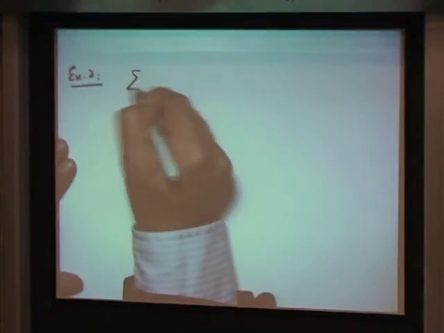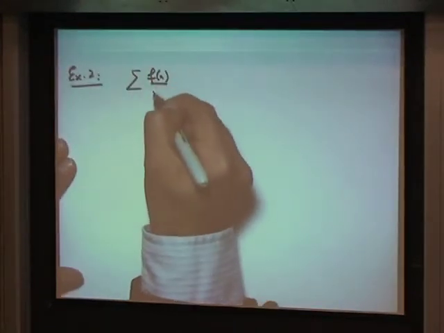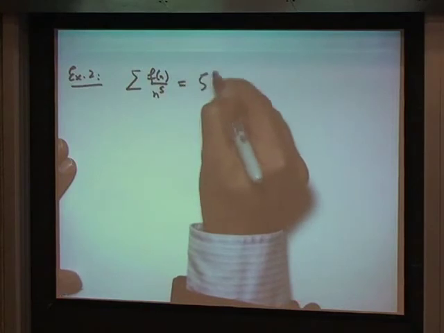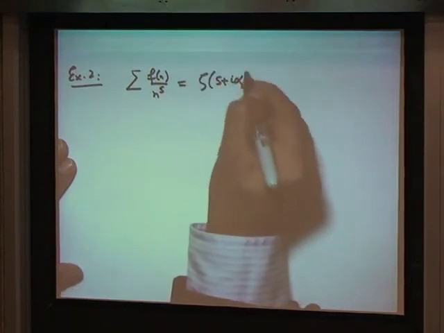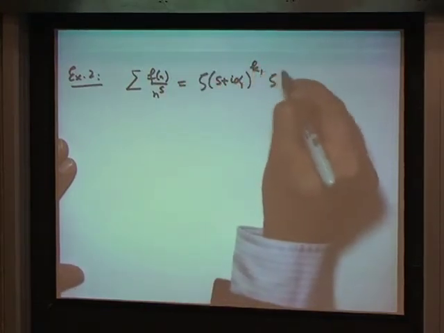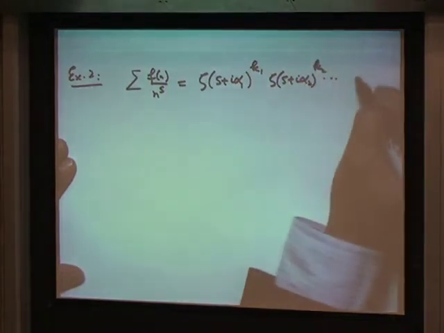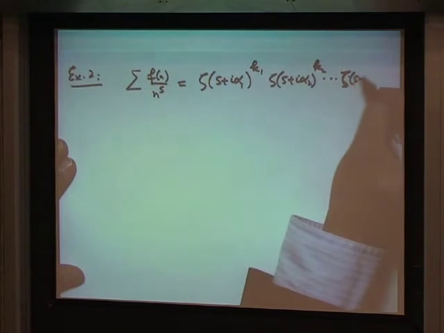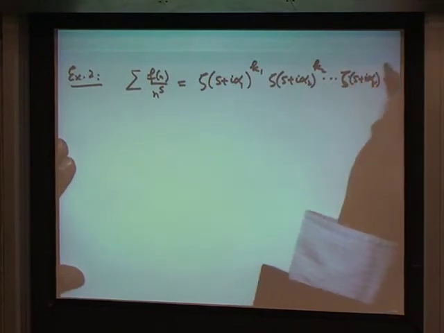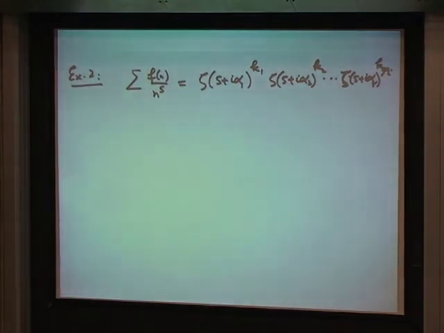So maybe your generating function of f(n) over n to the s looks like zeta of s plus i alpha 1 to some power k1, zeta of s plus i alpha 2 to the k2, etc., etc. Some finitely many such objects, right?